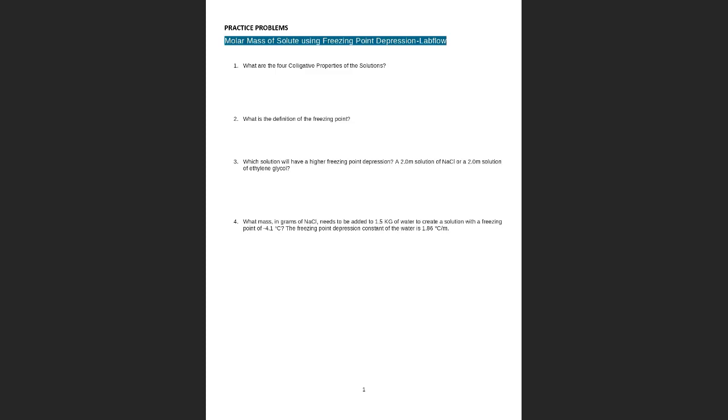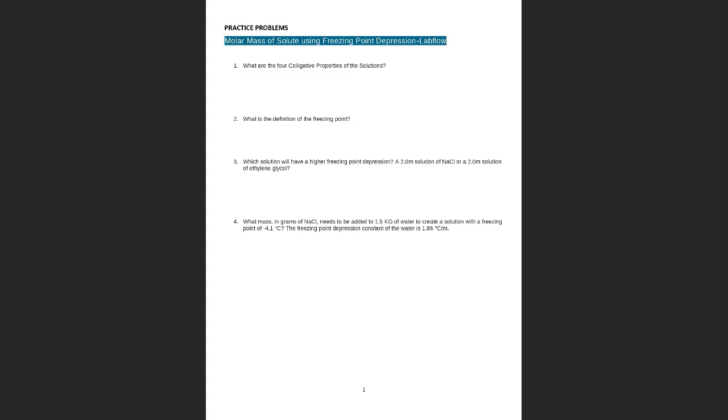Who can tell me one? Boiling point. Yes, and when you say boiling point, if you memorize boiling point elevation, it will help you if you have a problem, means that the solution will have a higher boiling point than the pure solvent. Very good. Boiling point elevation is 1.